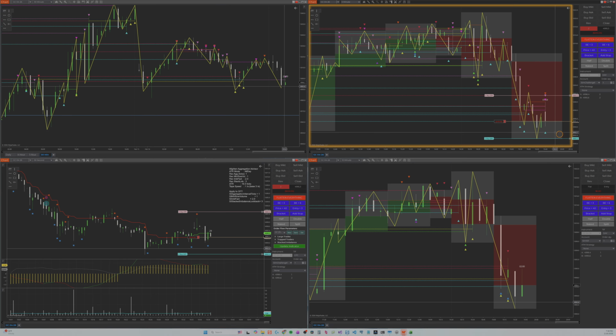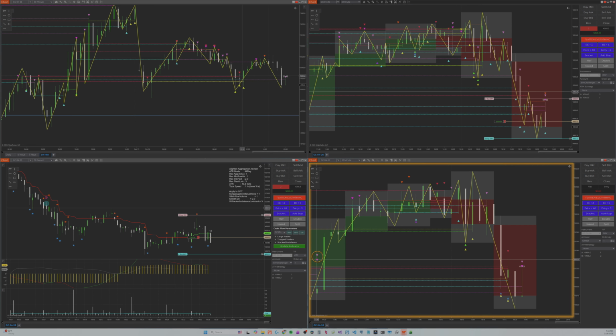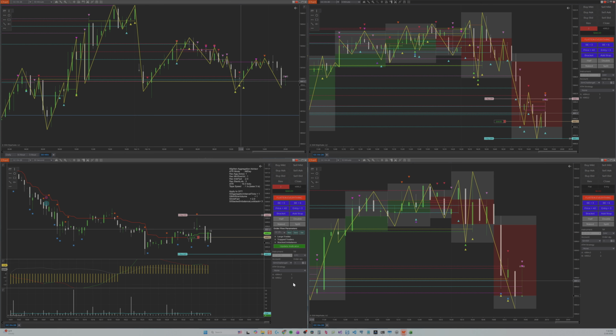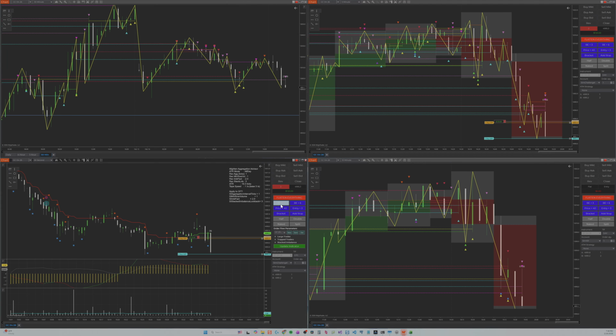Let's see what happens here. Bring our stop just above the signal. There we go. We got some movement here. Break even plus.